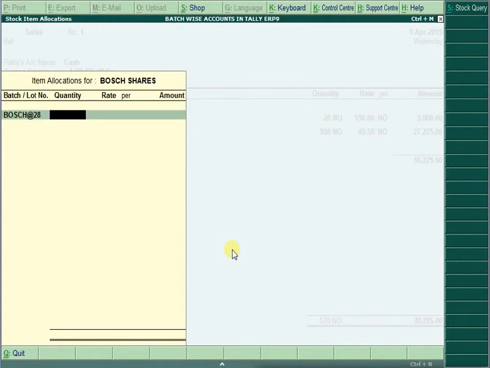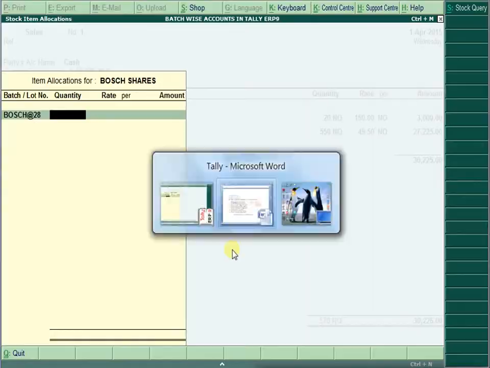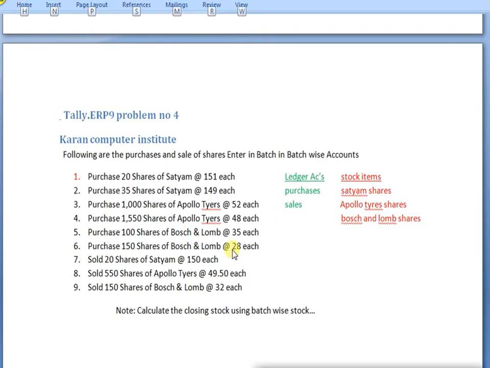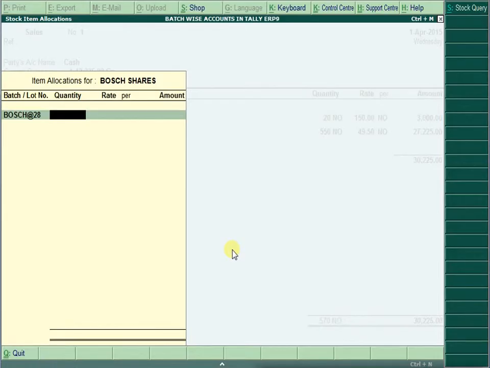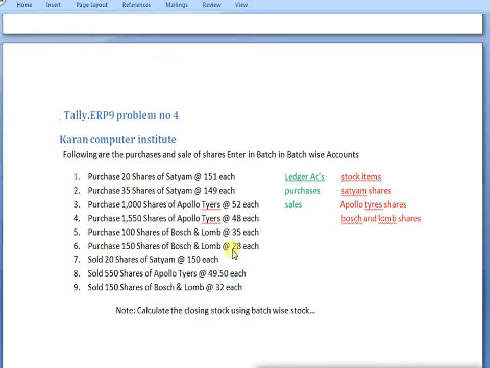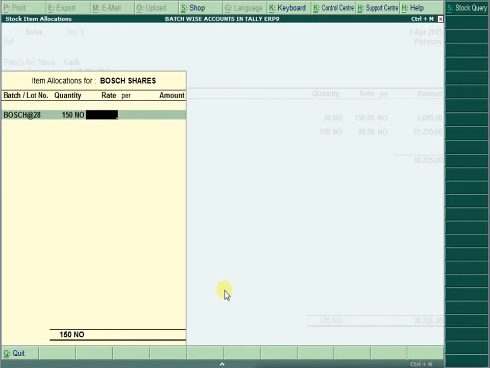Now we are selling at 32, the market rate.